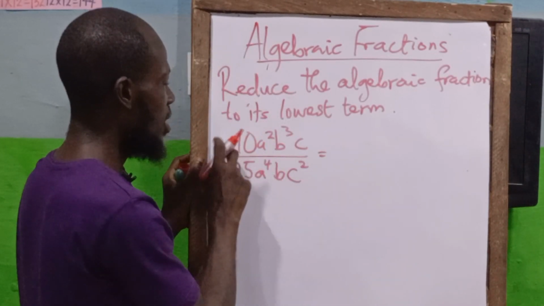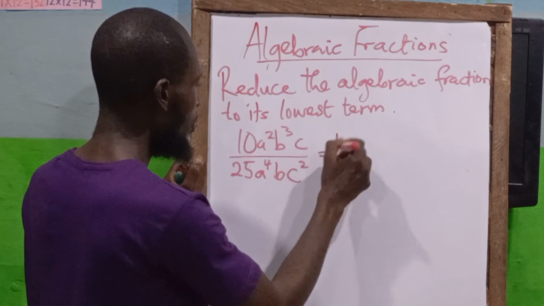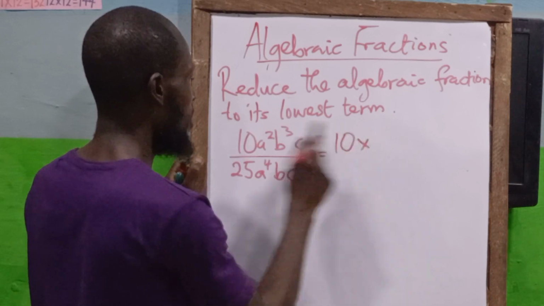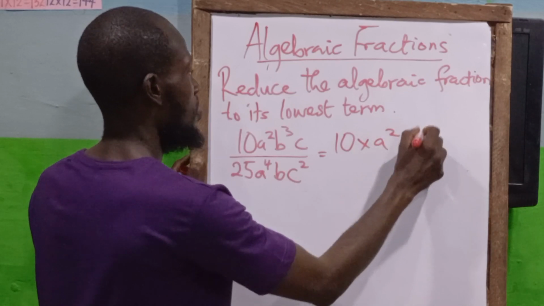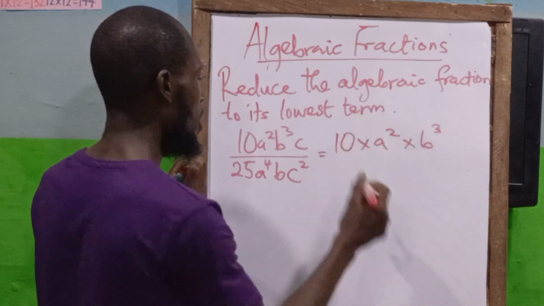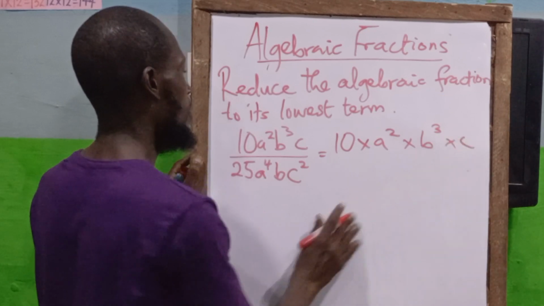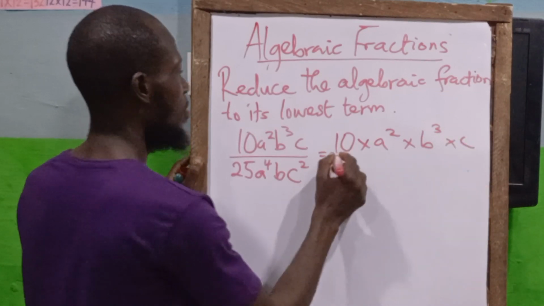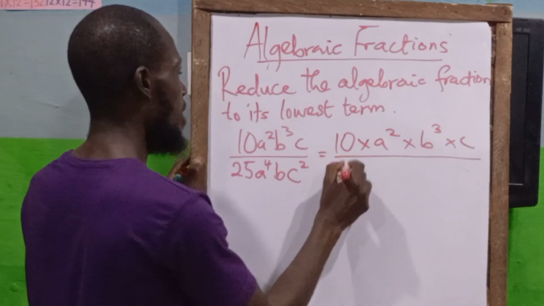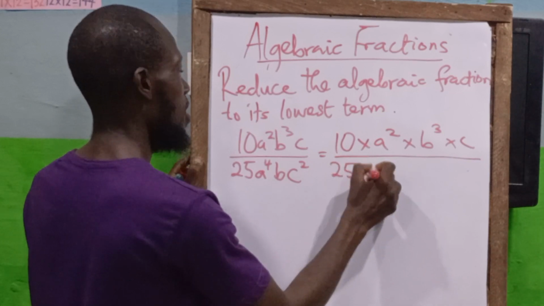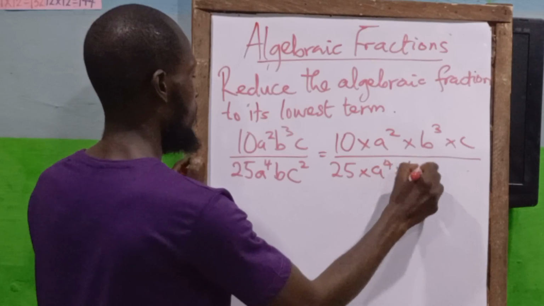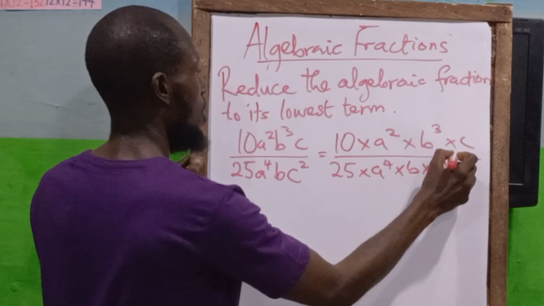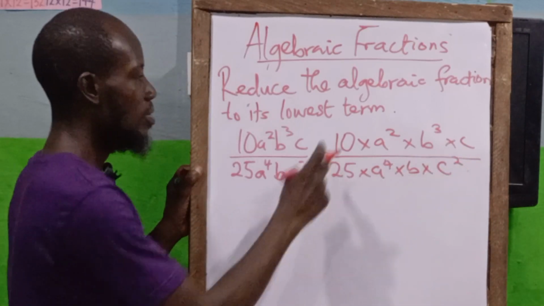So we have 10 times a squared times b raised to power 3 times c, and also we have 25 times a raised to power 4 times b times c squared.